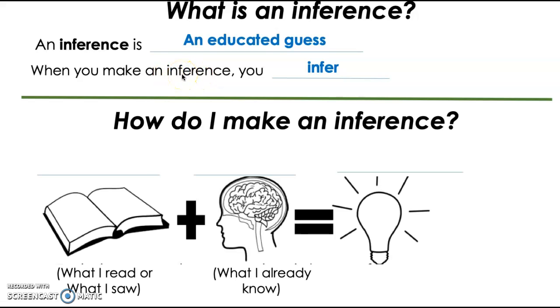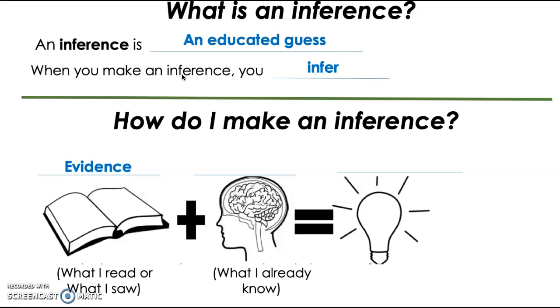So when we make an inference, we kind of do a math equation, right? There are two pieces that we add together in order to equal an inference. So the first thing that we need to add together is our evidence. That's what we read or what we saw, right? That's what we definitely know for sure.